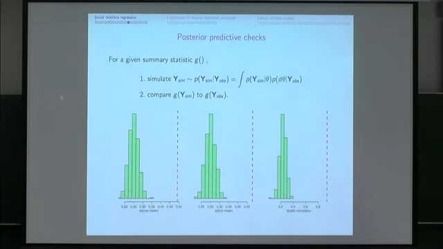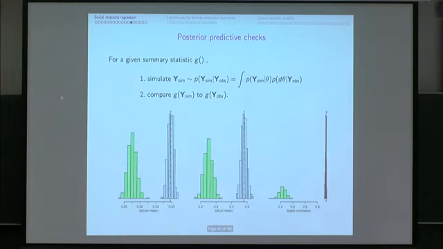So does this model fit? Let's look at our summary statistics. This is from the ordinary regression model. Now let's simulate from the social relations regression model, and here's what we get. The blue histogram shows the simulated values from the social relations regression model, and the green histogram is from the ordinary regression model that didn't account for any sort of dependence in the data.